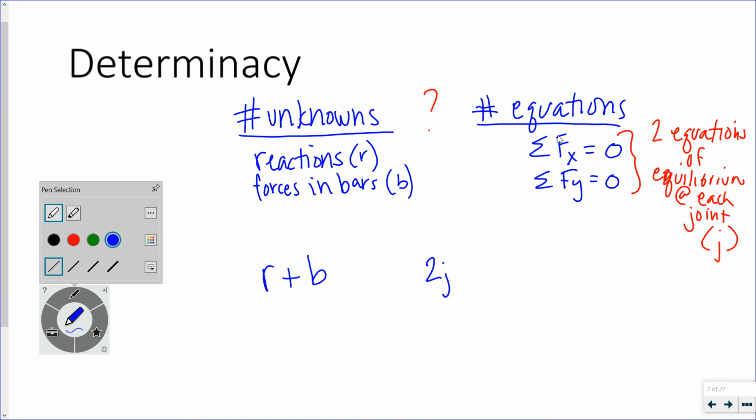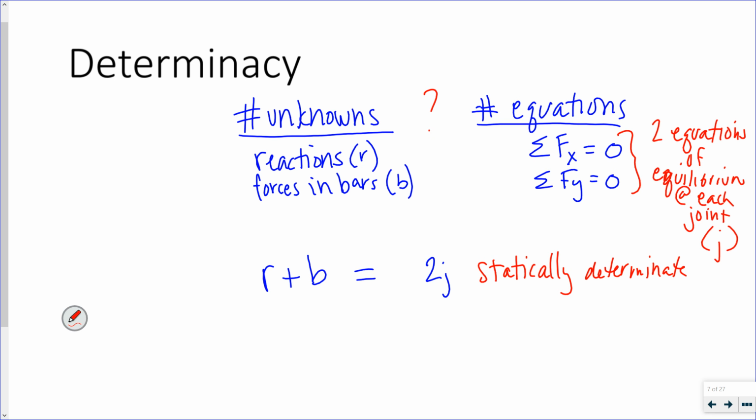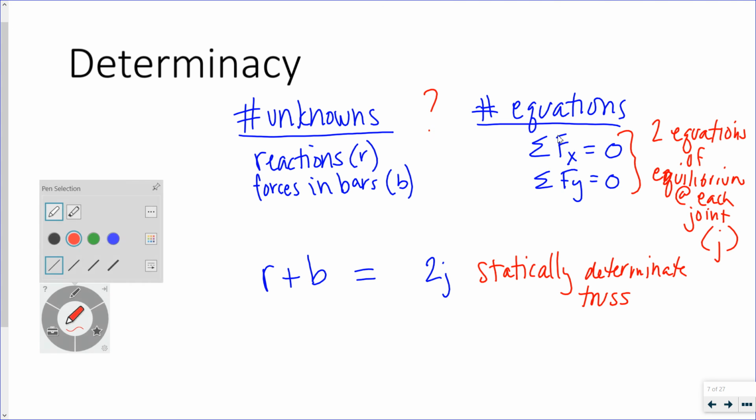And if those are equal, then I have a statically determinate truss. I keep saying beam. Sorry. If I have too many unknowns, then I am statically indeterminate.